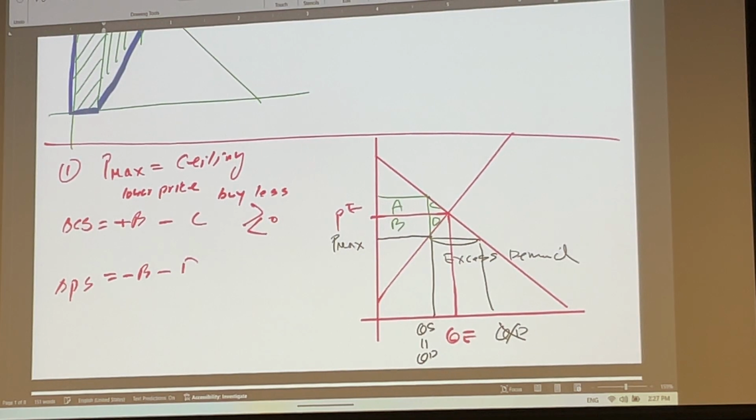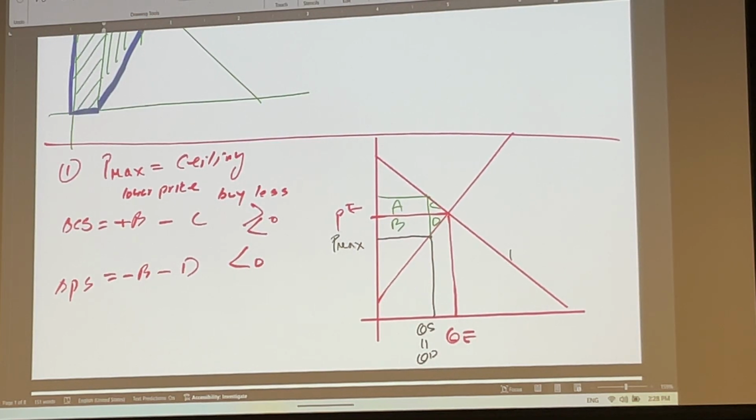Producer cannot possibly gain, obviously, from a price ceiling. Right? They lose on both fronts. They sell less at a lower price. How can they gain? The producer loses when it sells less and gets less, on both fronts.